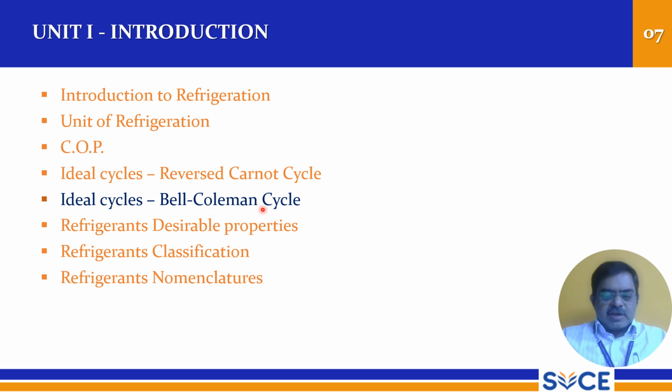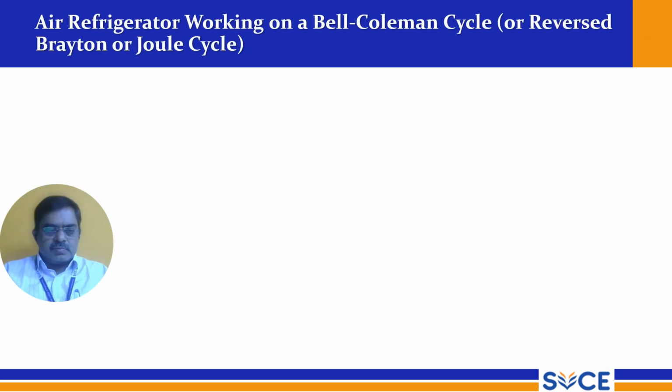It is a completely practical cycle, whereas reversed Carnot cycle is a theoretical cycle. Air refrigerator working on a Bell-Coleman cycle is also known as reversed Brayton cycle, or Joule cycle.